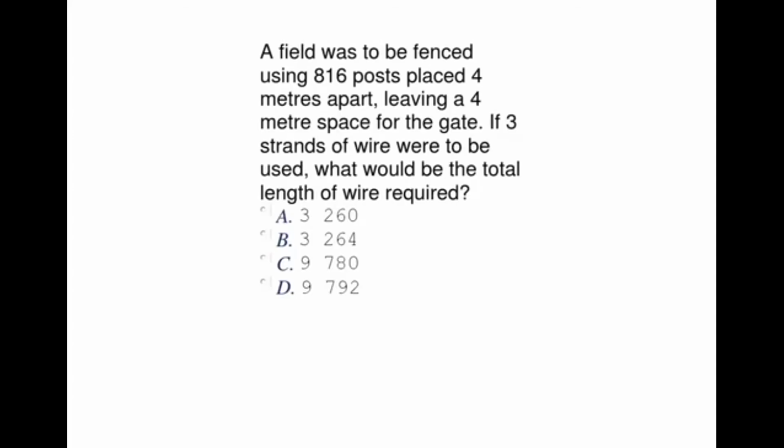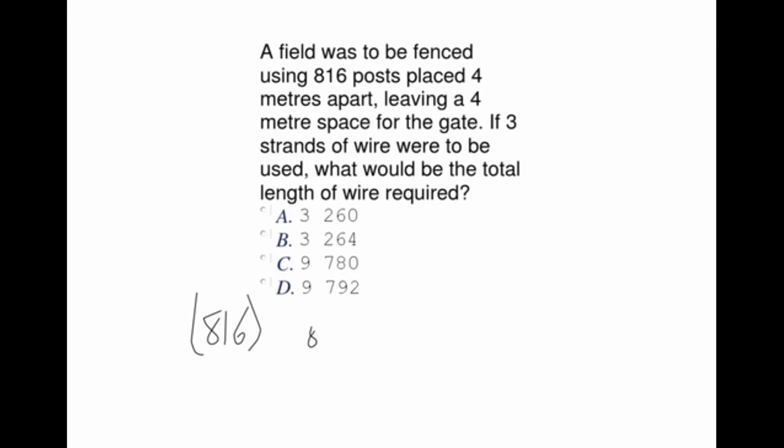A field was to be fenced using 816 posts placed 4 meters apart, leaving a 4 meter space for the gate. If 3 strands of wire were to be used, what would be the total length of wire required? So we have 816 posts.